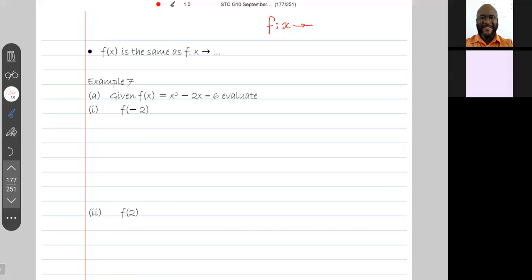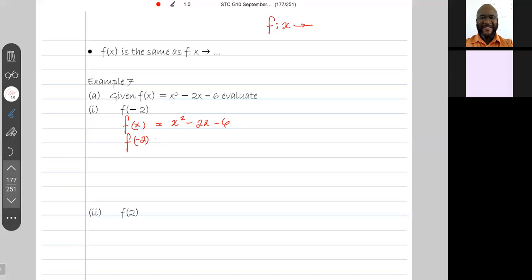Example 7A says, given that f of x is equal to x squared minus 2x minus 6, we're to evaluate f of -2. It's actually very simple. You have f of x equal to x squared minus 2x minus 6, and you're to find f of -2.